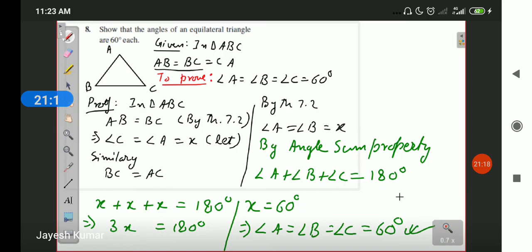Those extra questions are not to be done in your homework copy. You can do them in your classroom copy as well. All the theory, the theorems, the proofs of the theorems that we discuss are to be done in your classroom copy. Only the questions as well as the examples of your NCERT are to be done in your homework. Please don't get confused again and again.